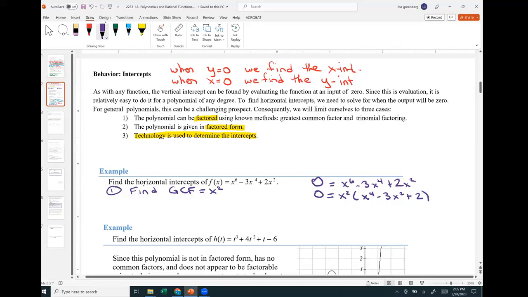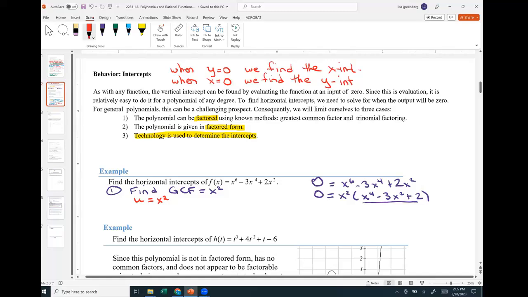Okay, there we go. Now we want to factor this right here. And if you don't know how to factor that, notice that, and I'm going to use something we call substitution. Let's let u equal x squared.